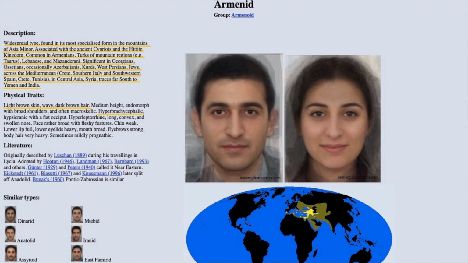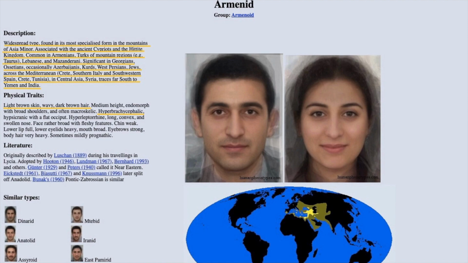Turks of mountain ranges, Lebanese, significant in Georgians, Azerbaijanis, Kurds, West Persians, Jews across the Mediterranean, Crete, South Italy and Southwest Spain, Tunisia, and Central Asia, Syria, with traces far south to Yemen and India. Physical traits: light brown skin with wavy dark brown hair, hyperbrachycephalic. And so this is what most people typically say is a Middle Eastern phenotype.